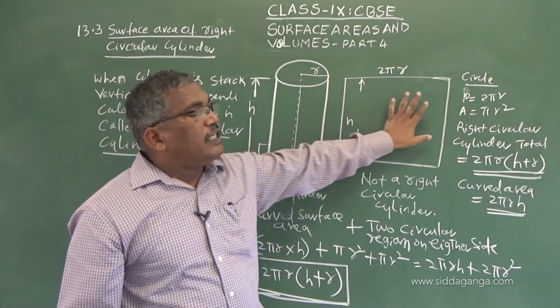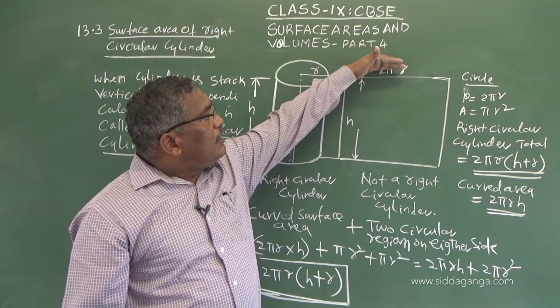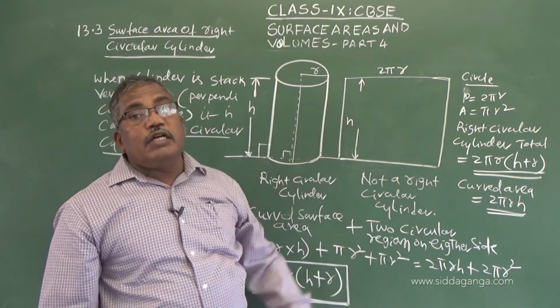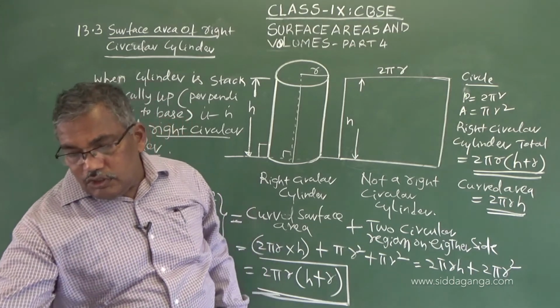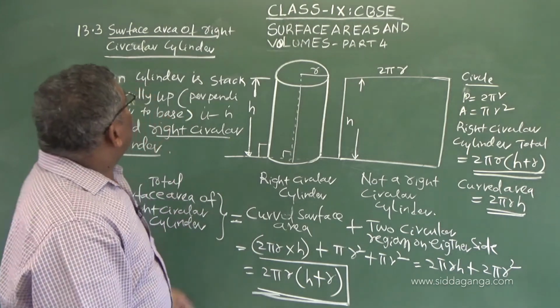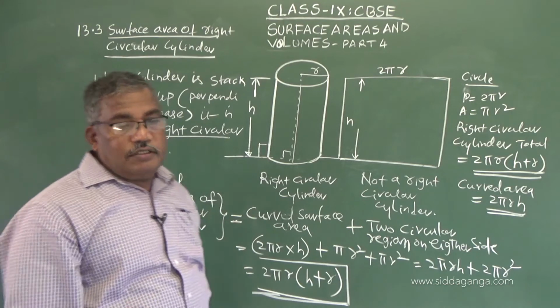So only this rectangular area we will take, and the top and bottom circles we will avoid. So this is the formula for the right circular cylinder.